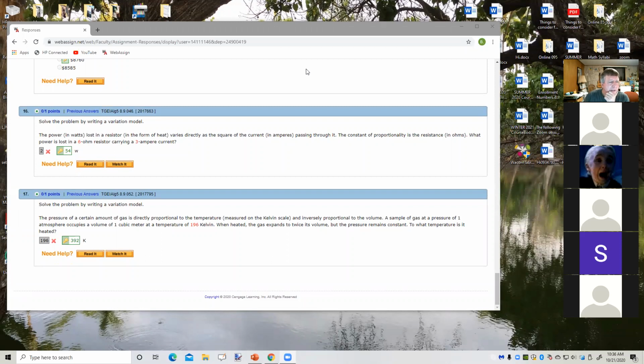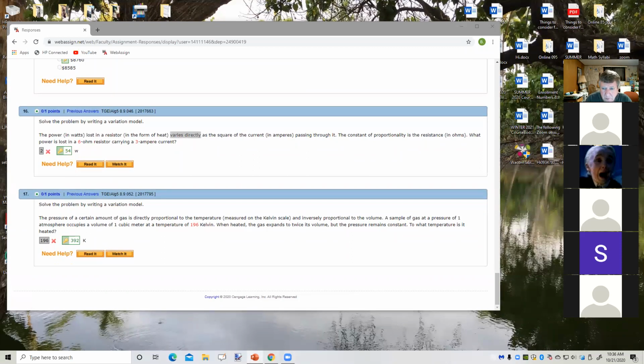Okay. So let's see. Our key right here says varies directly. So we're going to let P equal power. The power varies directly as the square of the current, and I'm going to let C equal the current.